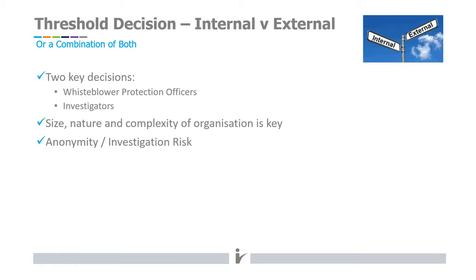The advantage of using one is that when it comes to anonymity, personally, I would be a lot more willing to provide my identity to an external provider, knowing that their brief is not that no one in the organisation would ever know my name. Their job is to play the go-between between me as a whistleblower and the organisation.